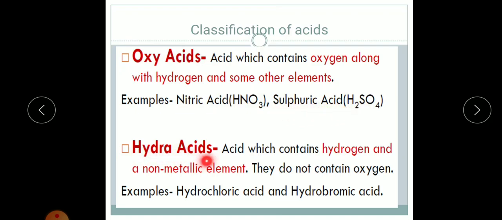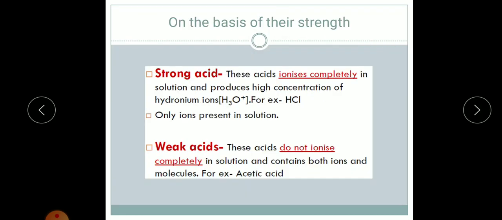Similarly, hydracids are acids which contain hydrogen and a non-metallic element. They do not contain oxygen. Examples are hydrochloric acid, HCl, and hydrobromic acid, HBr.